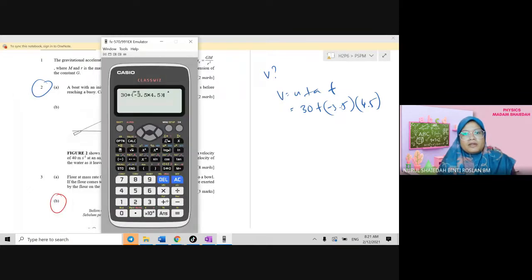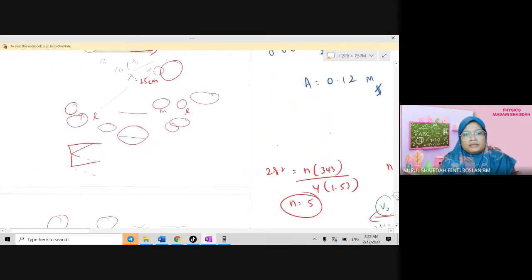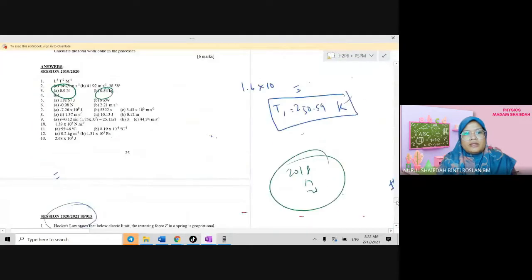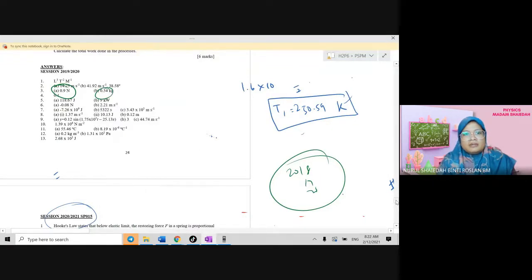Decelerate. Okay. So you get the answer 14.25. Why is it negative? Because it is decelerating. I don't know whether this answer is correct. 14.62. Correct, 14.25. 14.25 is correct. One more, 41.